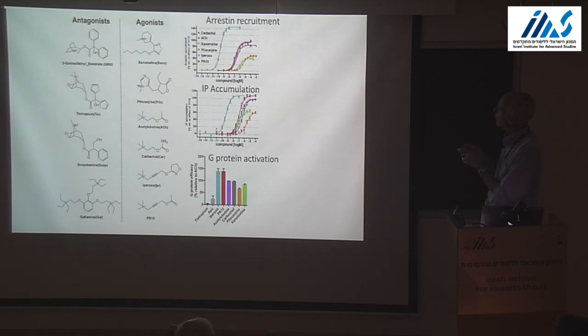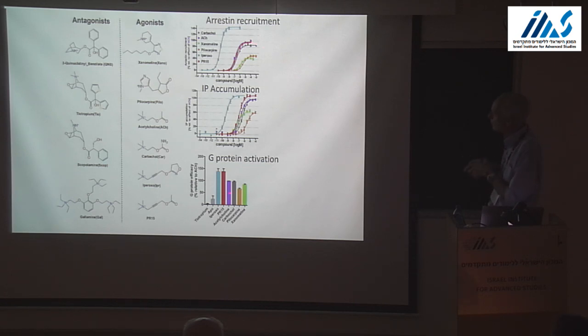This is acetylcholine. Acetylcholine would be considered the native hormone, so we call this 100%. Iperoxo is a superagonist for arrestin recruitment. Iperoxo and its related compound PR15 is a superagonist for G protein, but compound 15 is only a full agonist.